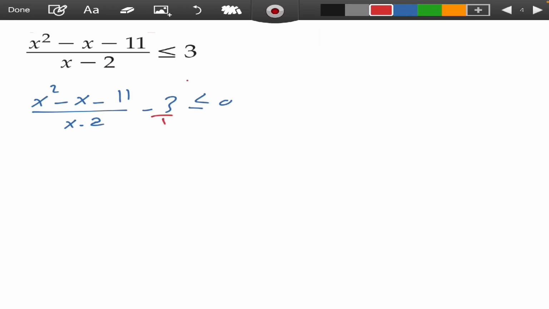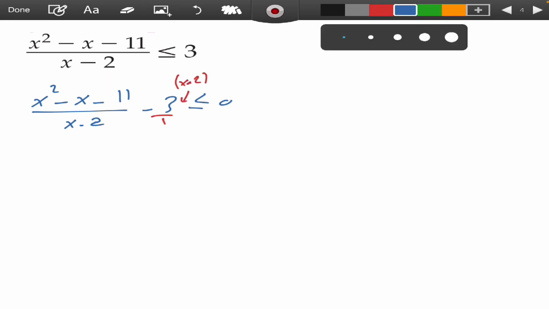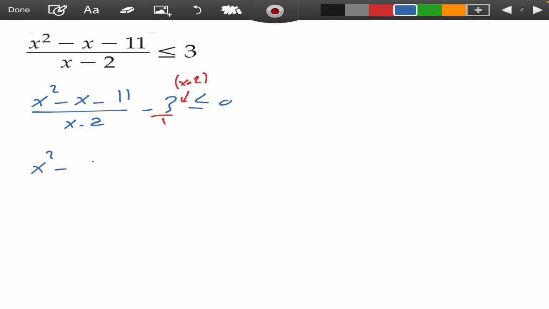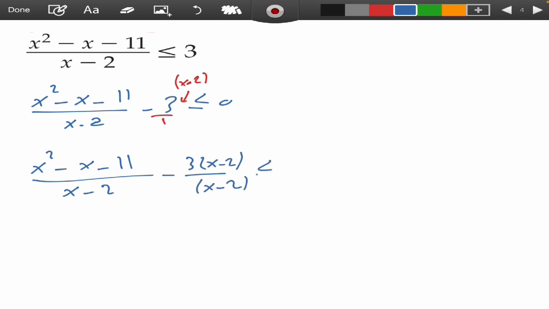We're going to make the same denominator by multiplying here by x minus 2. Then x squared minus x minus 11 divided by x minus 2 minus 3 multiplied by x minus 2 over x minus 2 less than or equal to 0.